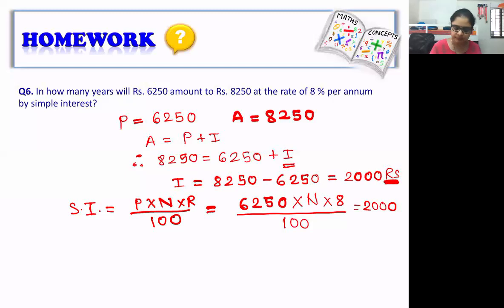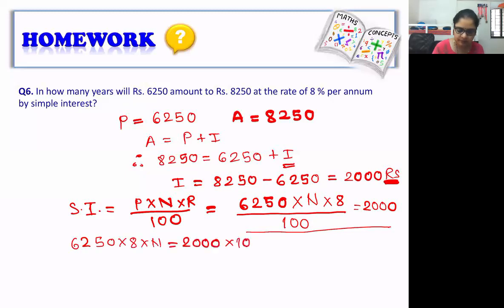Right? Now, let's do the calculation. Can I say 6,250 multiplied by 8 multiplied by N is equal to 2,000 into 100? Yes.